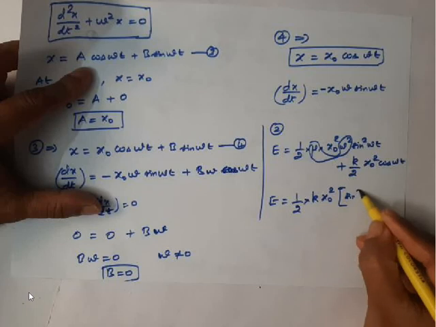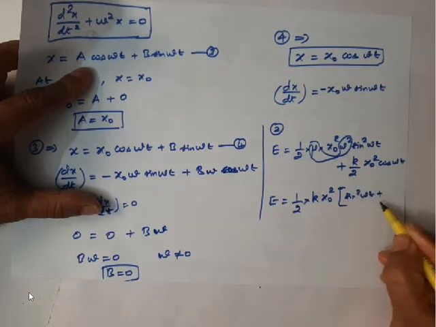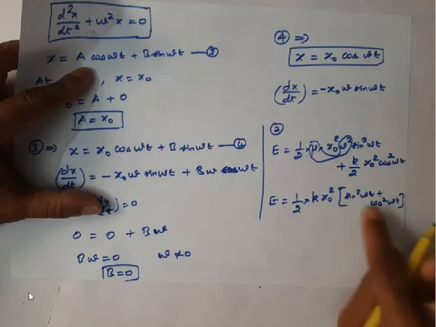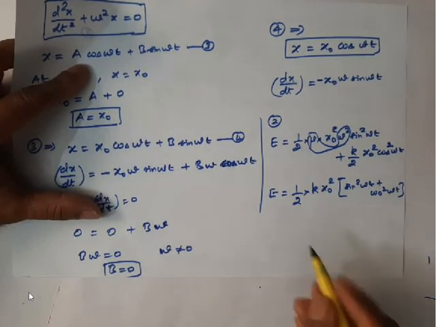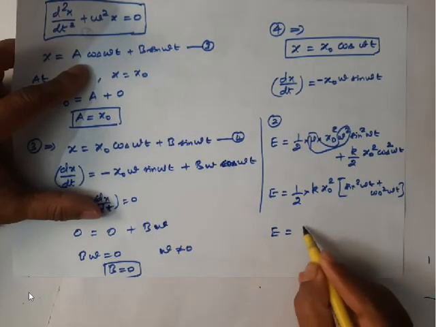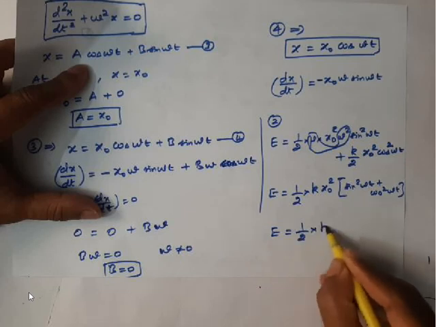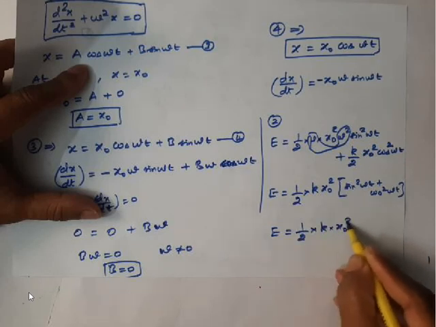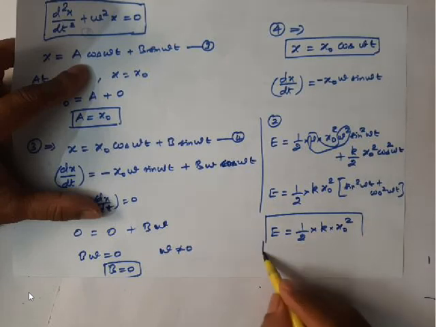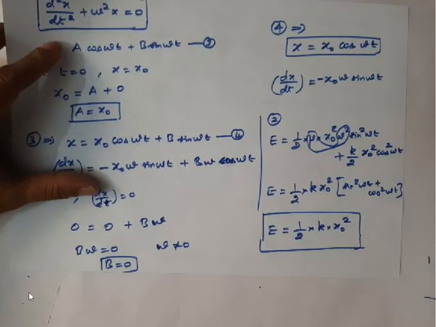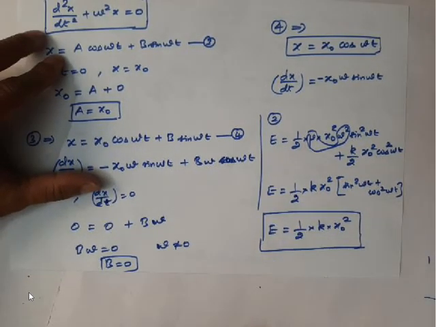So I'll get sin square omega t plus cos square omega t, which becomes 1. So E is equal to half into k into x naught square. This is the expression for total energy for the simple harmonic oscillator.